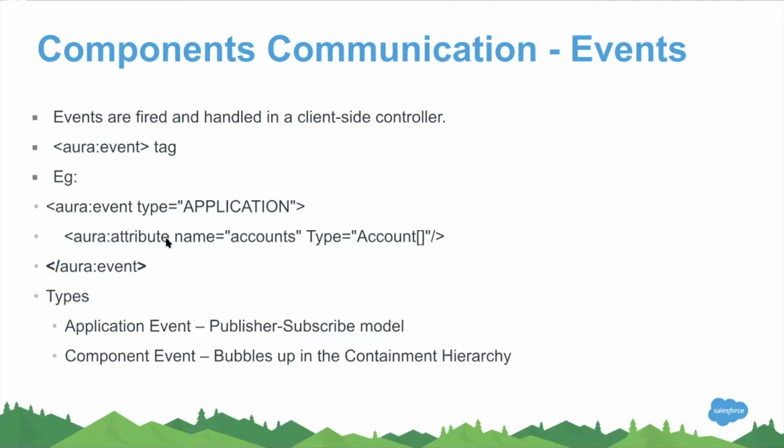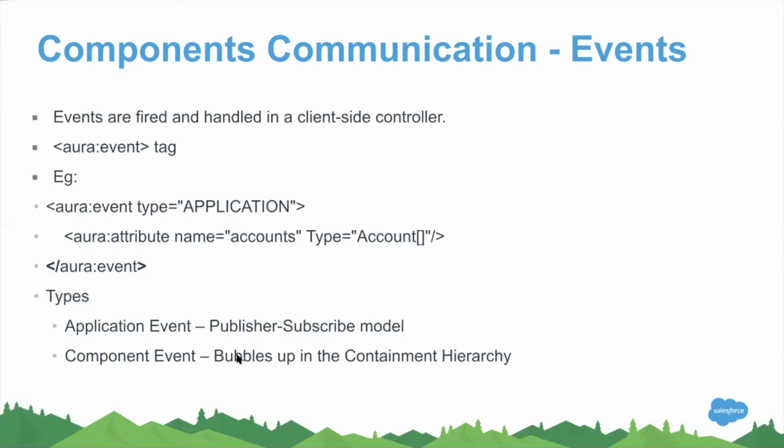Also, an event can carry information as well. I told you that in order to hold information inside a component, you need the help of an attribute. In the same way, for an event to hold data, you need an attribute. So you can use an attribute of any type over here.